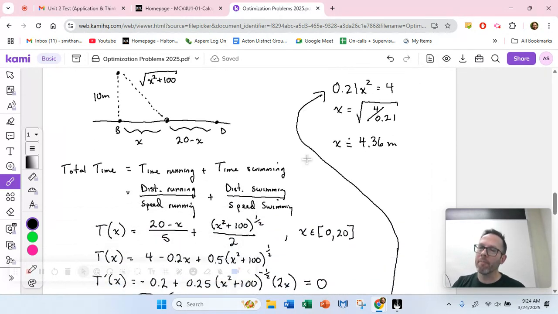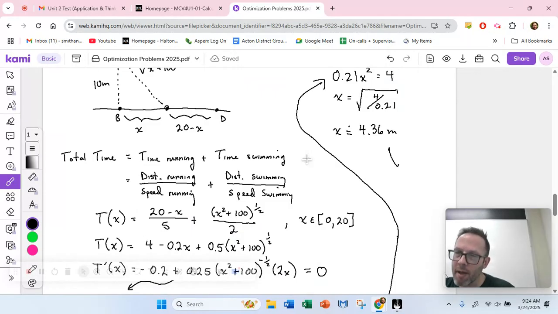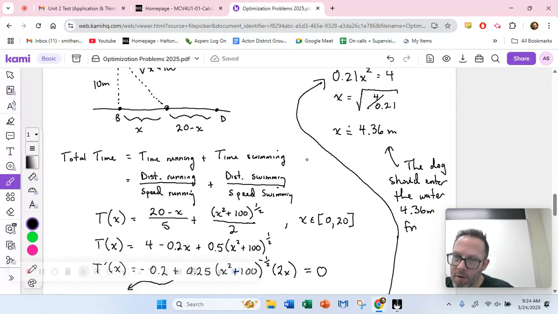Let's just wrap it up then. So the dog should enter the water 4.36 meters from the boards. Of course, this isn't a general thing.